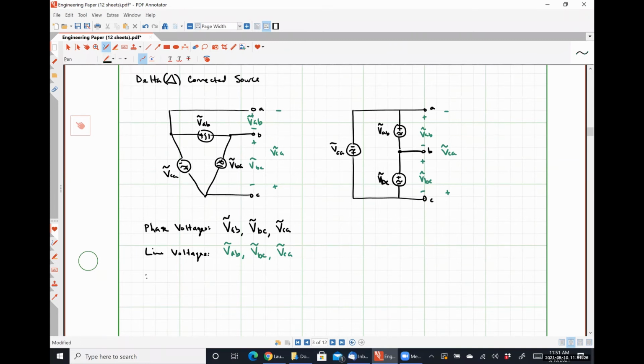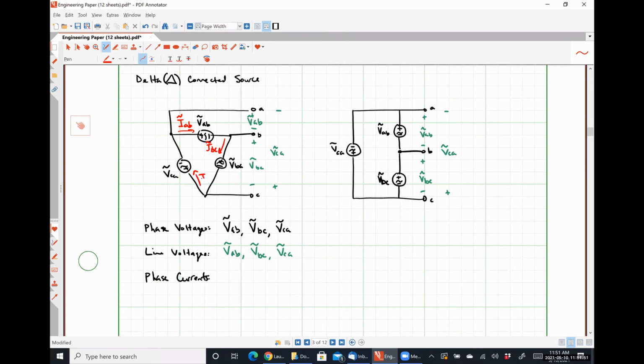What are our phase currents going to be? Right, so this one right here would be IAB. This one right here would be IBC.